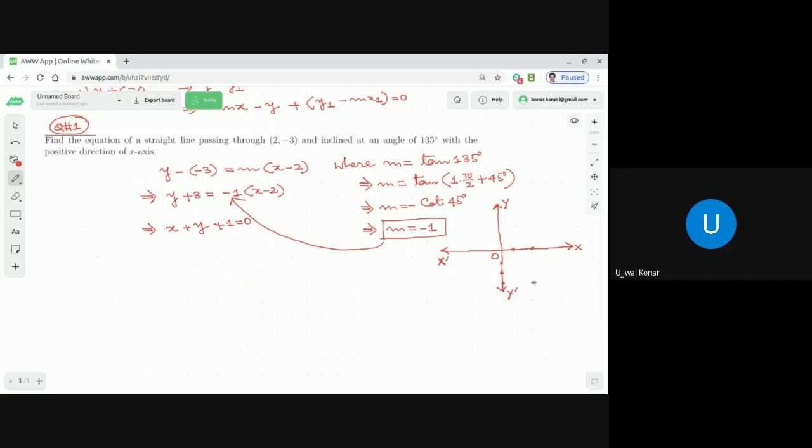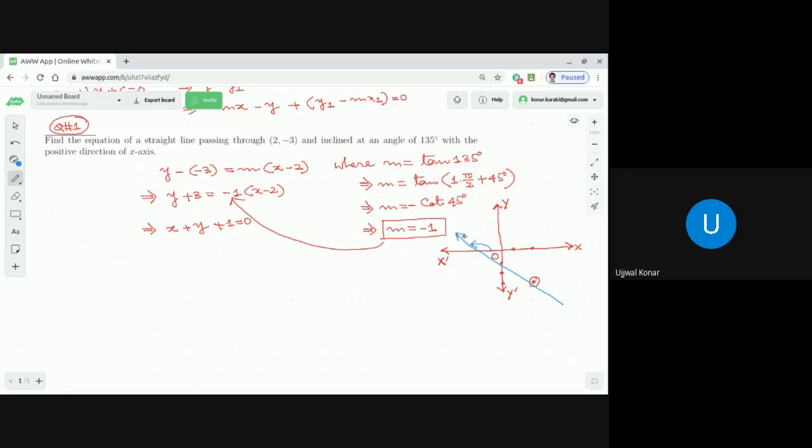So (2, -3) is this point, and the line has a slope of minus 1. Minus 1 means it should be something like this, at 135 degrees, where this angle is 135 degrees.